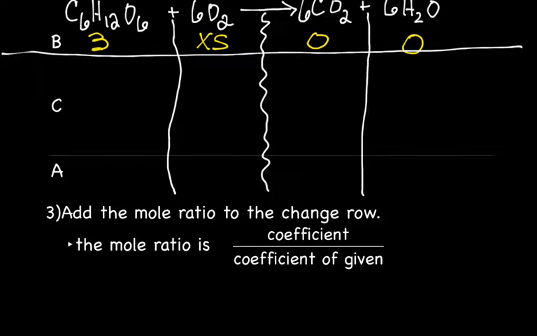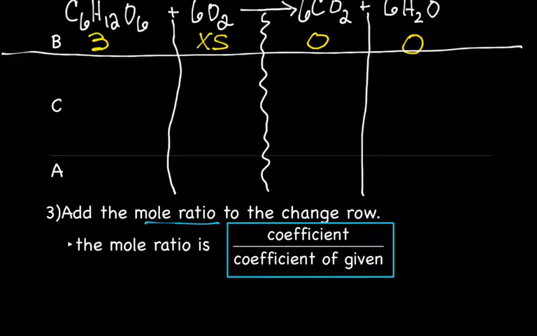Step 3, we're going to add the mole ratio to the change row, and that is the coefficient divided by the coefficient of the given. So we look up at our problem at the top. Our given is C6H12O6, and we have a coefficient of nothing, which means a coefficient of 1.